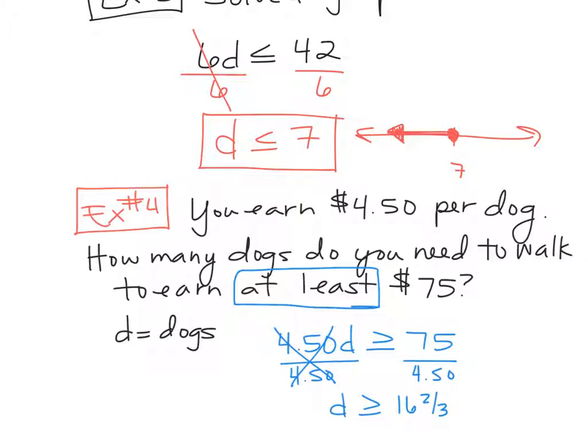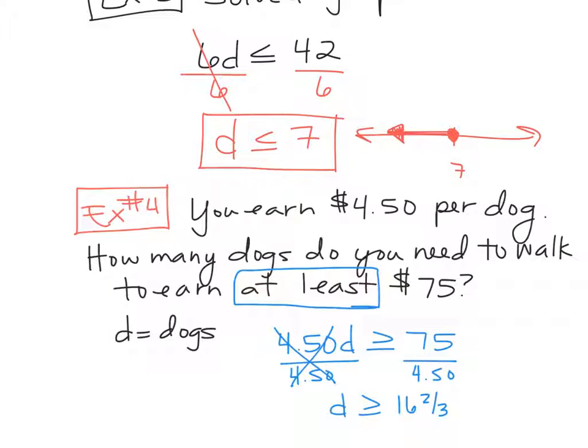The question was this: how many dogs do you need to walk to earn at least $75? What's your answer? 17, right? Because can you walk 2/3 of a dog?